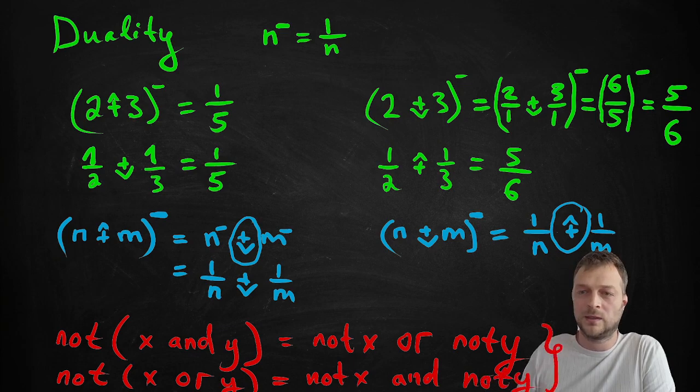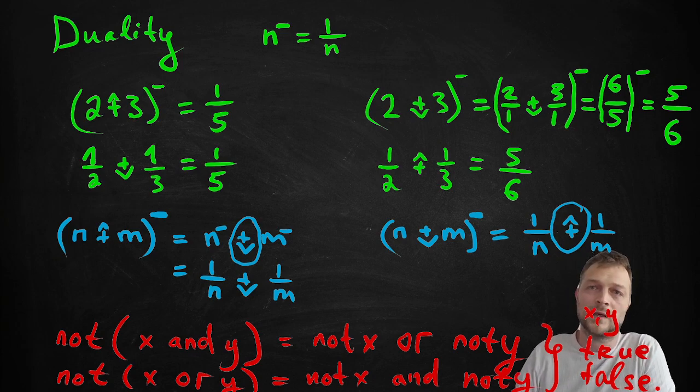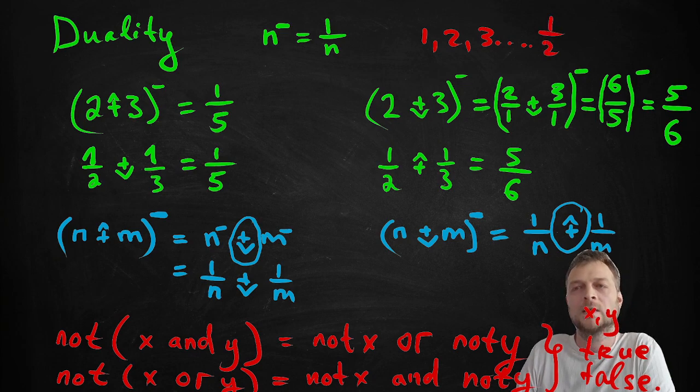But this only works for x and y either true or false, like two values that play this game. In our case, we have a full range of numbers, natural numbers 1, 2, 3, etc. And we have a full range of corresponding fractions, 1/2, 1/3, and so on. And all these numbers will play this game with these operations that we introduced, dual plus and direct plus.